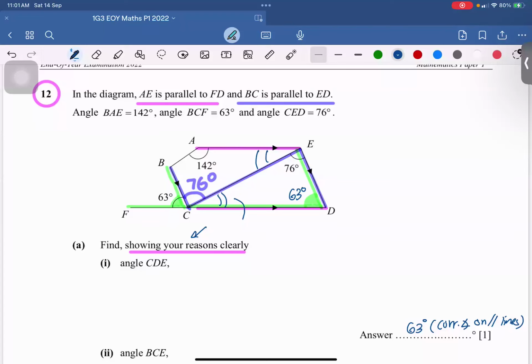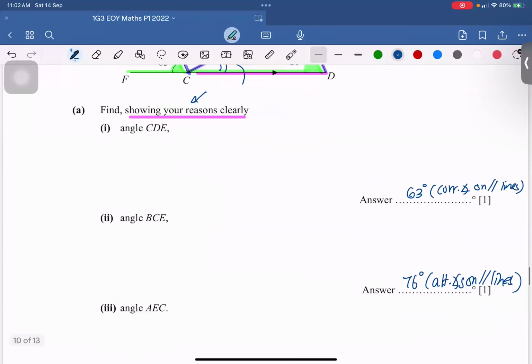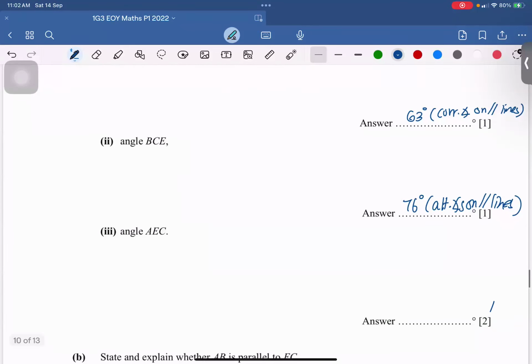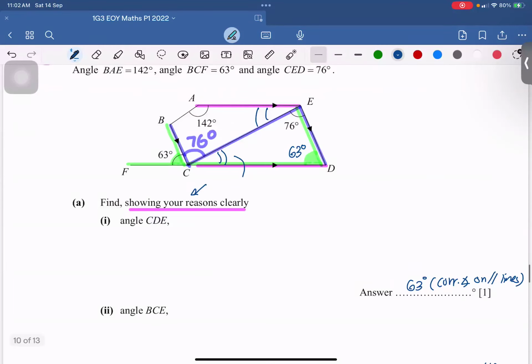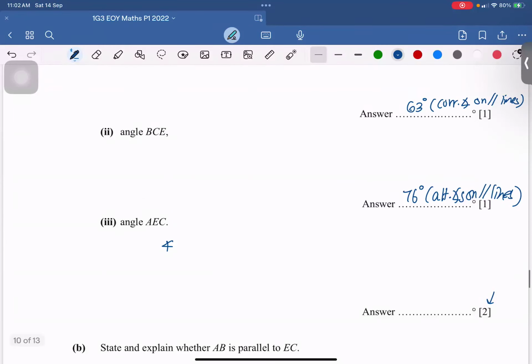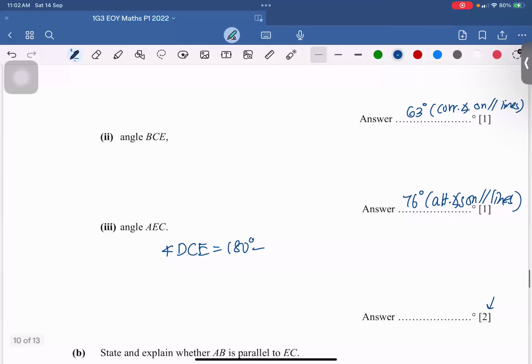All right. Okay, then in this case, I'll take 180. This one needs to show a little bit of working, 2 marks over here. Angle DCE is 180 subtract 63 and 76.